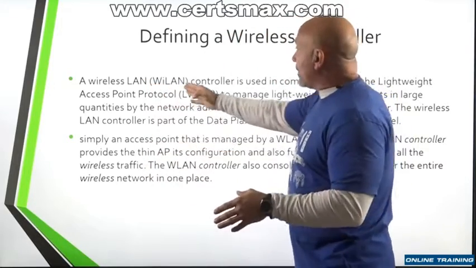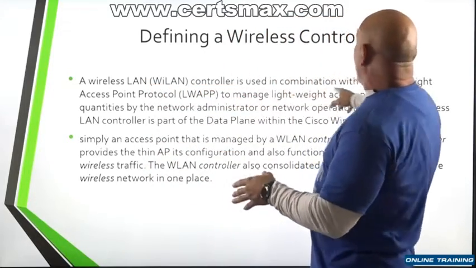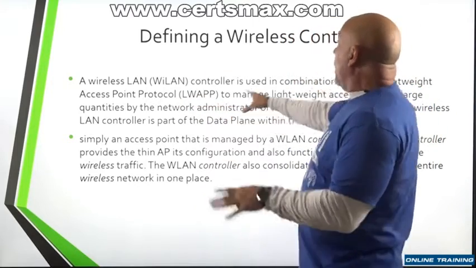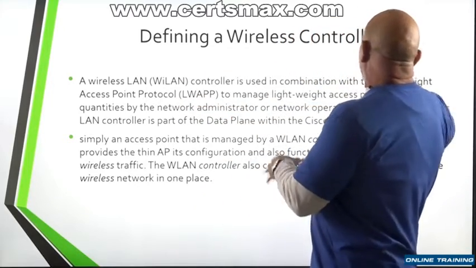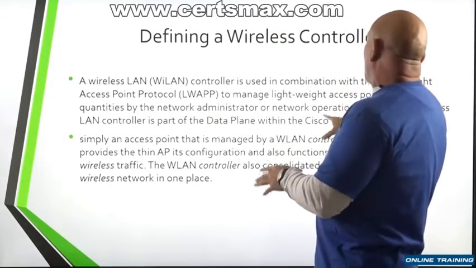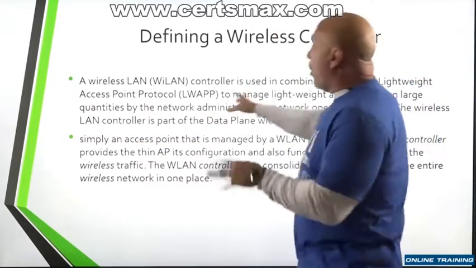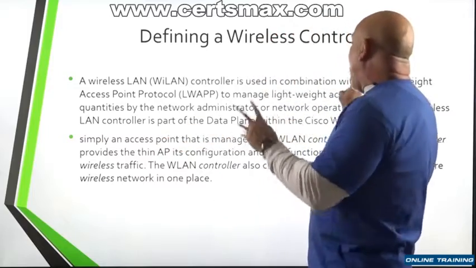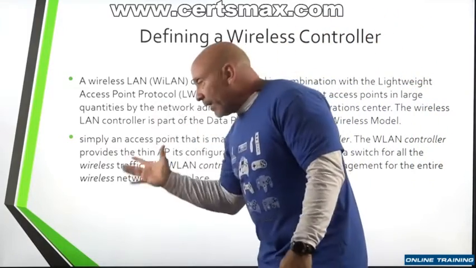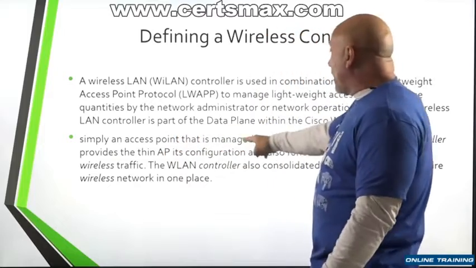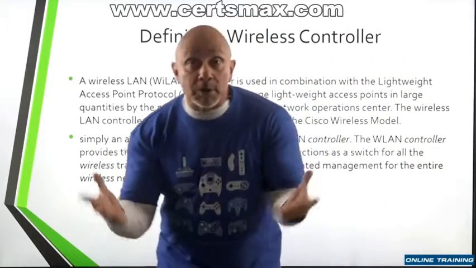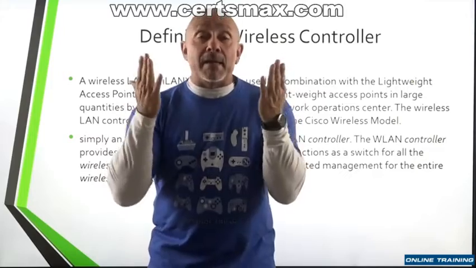A wireless LAN controller is used in combination with a lightweight access point protocol to manage lightweight access points in large quantities by network administrators or a network operations center. The wireless LAN controller is part of the data plane in the Cisco wireless model. This is all they do. It's simply an access point that is managed by a wireless LAN controller. It controls the AP. That's what they do.